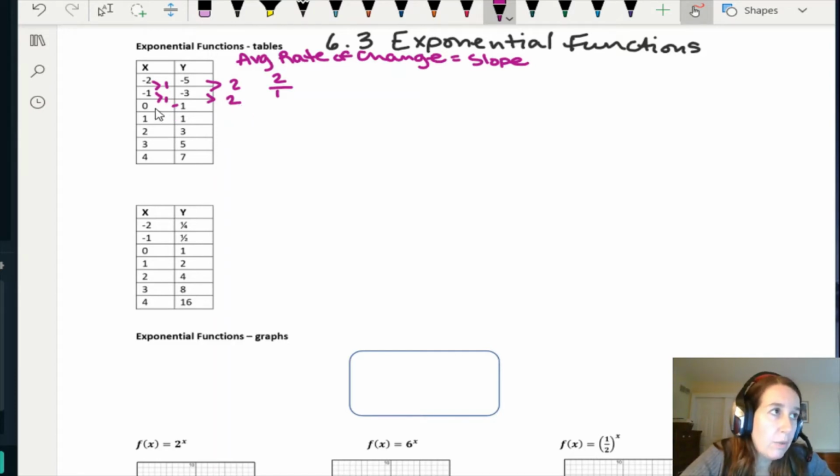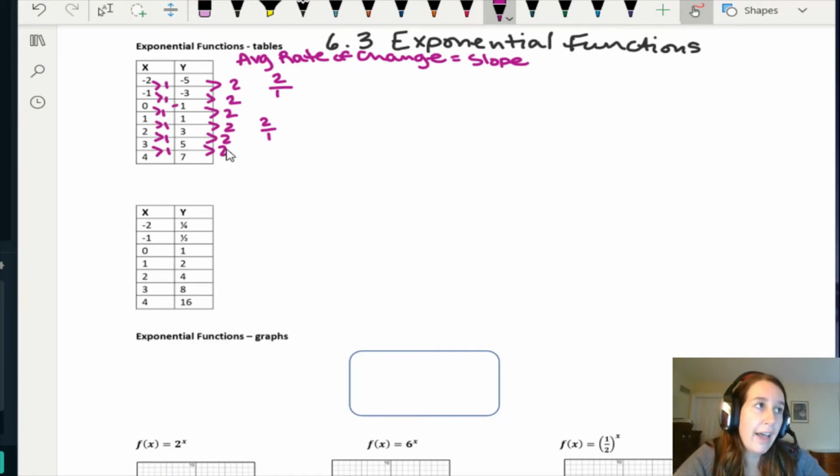The next one, we're going over 1 in the x's, and then the y's go from -1 to 1, so that is again a rise of 2. And same for our next pair, every x value is going up by 1, and every y value is going up by 2. So every time you could say we have a slope of 2 over 1.